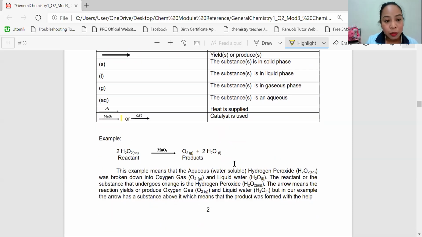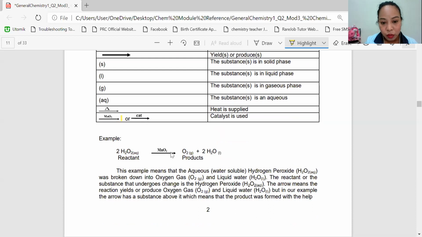Because that particular substance, though you can still see it in the product, when you put it in the reactant, it did not change, it is just carried over to the product, still they offer less energy for the reaction to occur.